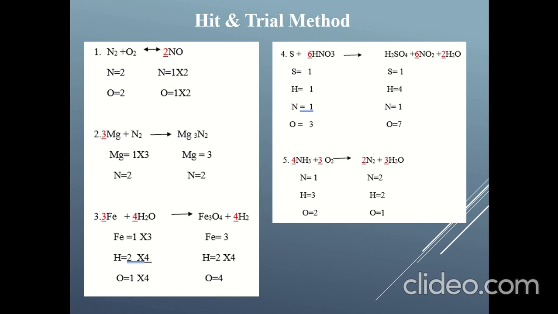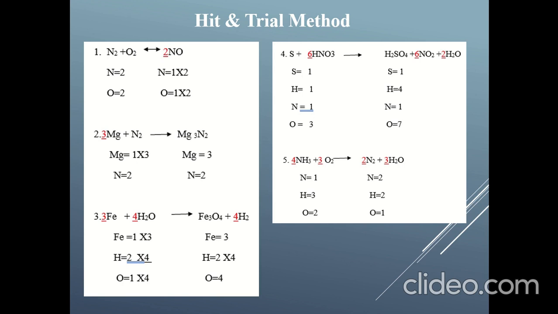Now ammonia, all of you know NH3, reacts with oxygen, or undergoes oxidation, to form nitrogen and water. Here on the reactant side nitrogen is 1, while on the product side it is 2. Hydrogen is 3 on the reactant side, while on the product side it is 2. Oxygen is 2 on the reactant side, while on the product side it is 1.